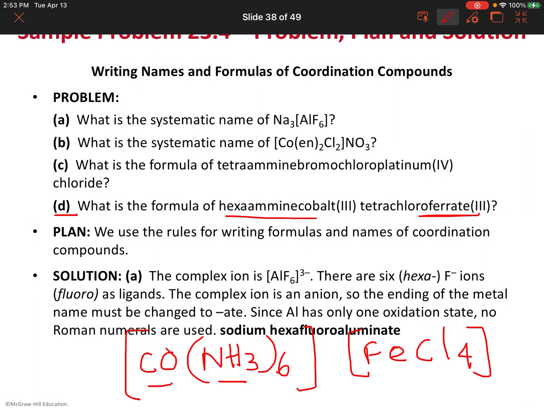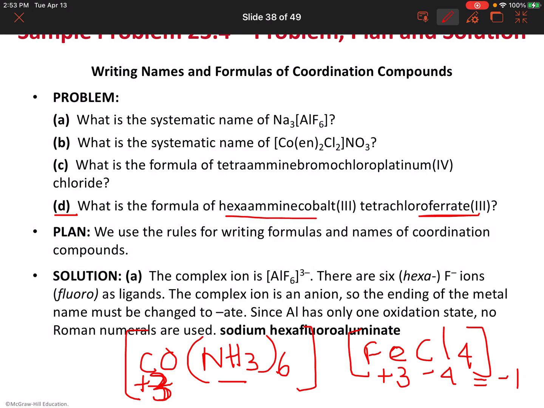Okay, cobalt is plus 3, given to us. Cobalt is plus 3. And then the ion tetrachloroferrate 3, so this is also plus 3, right? So this is plus 3 and there are 4 chlorides, meaning negative 4. So the charge of the complex anion is therefore negative 1.